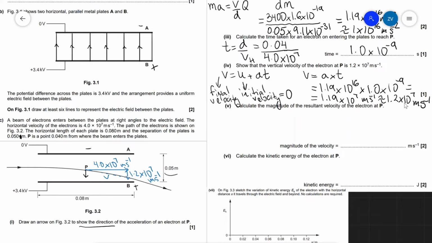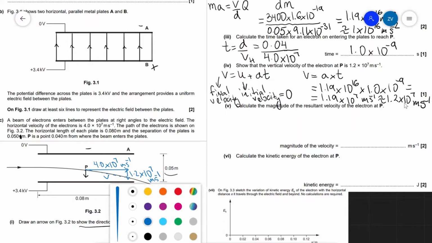So the resultant velocity, let's call that v, and let me just choose a smaller pen to write with.